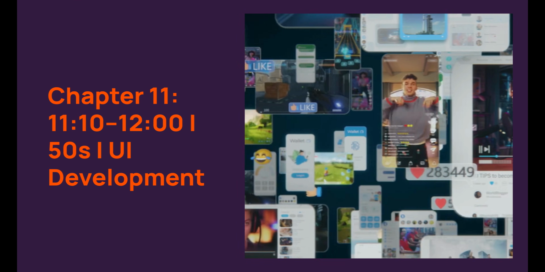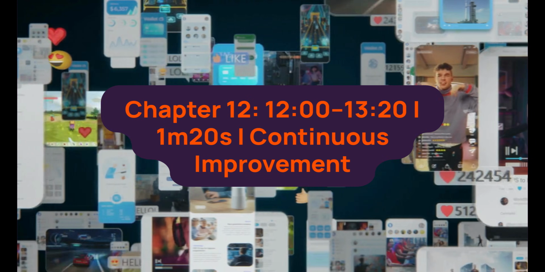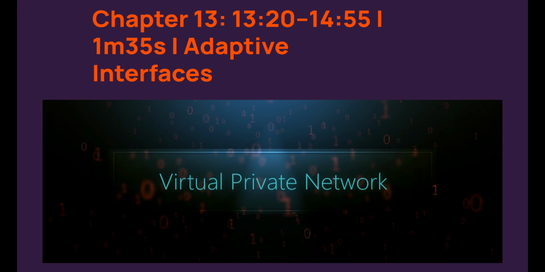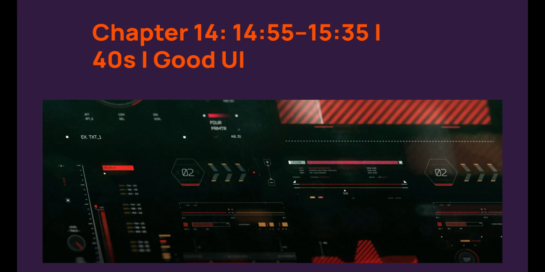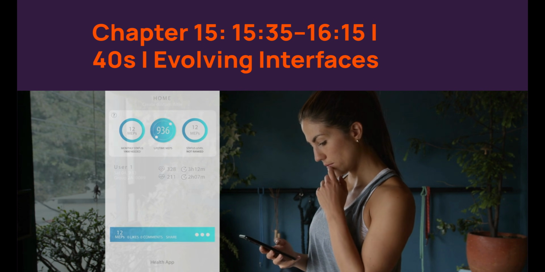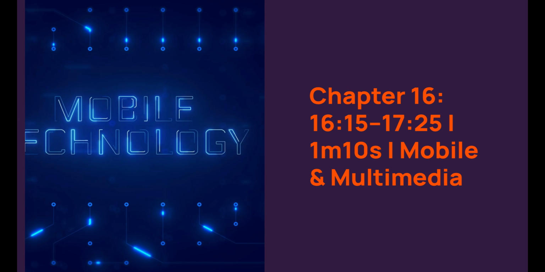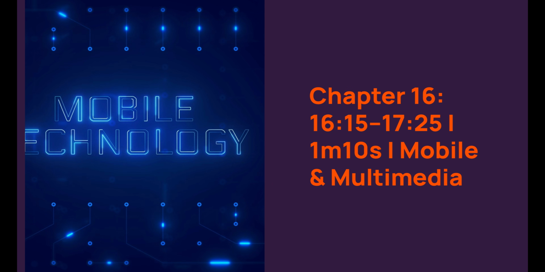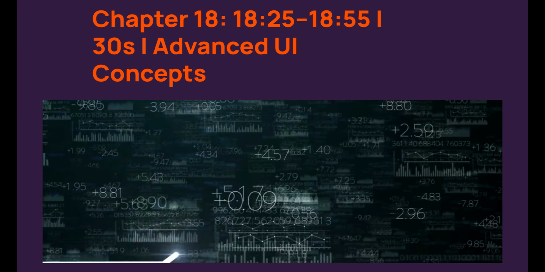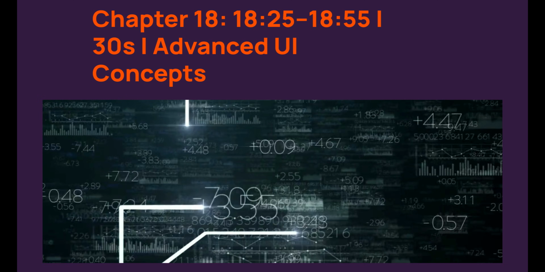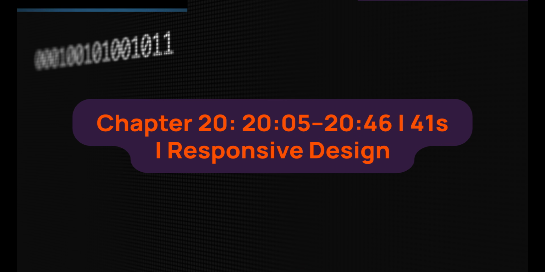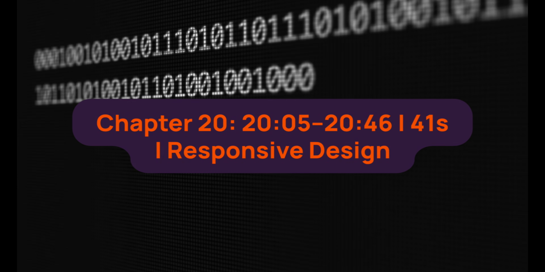Chapter 11. UI Development. Chapter 12. Continuous Improvement. Chapter 13. Adaptive Interfaces. Chapter 14. Good UI. Chapter 15. Evolving Interfaces. Chapter 16. Mobile and Multimedia. Chapter 17. Emerging Technology. Chapter 18. Advanced UI Concepts. Chapter 19. Interface Components. Chapter 20. Responsive Design.